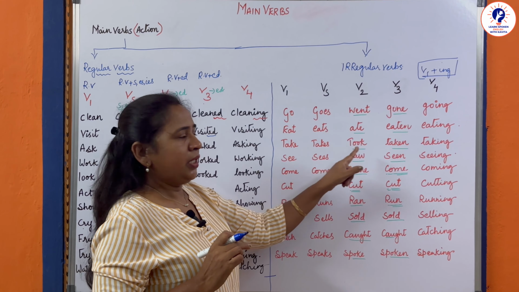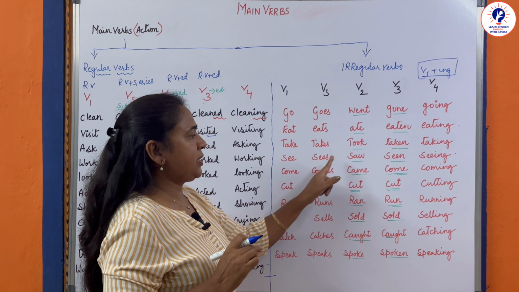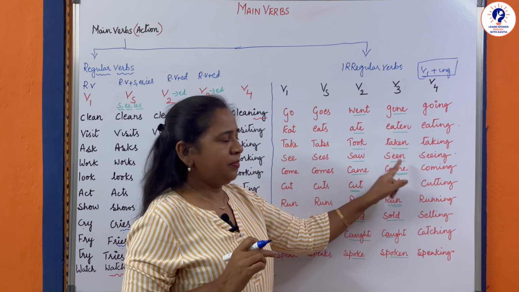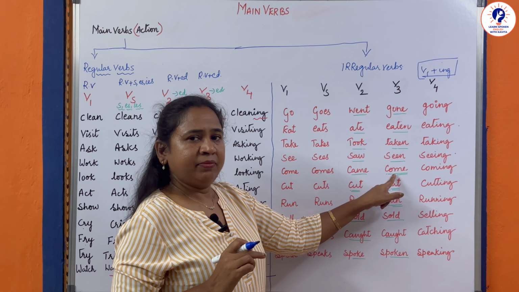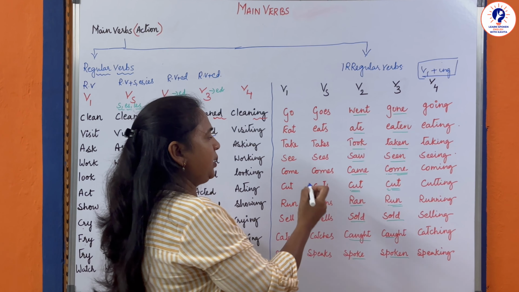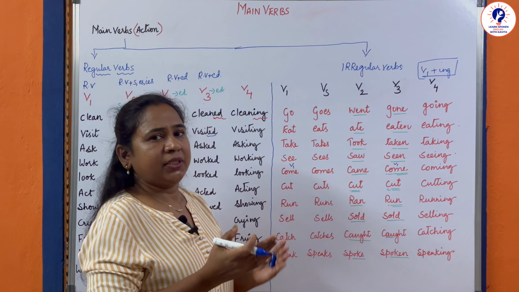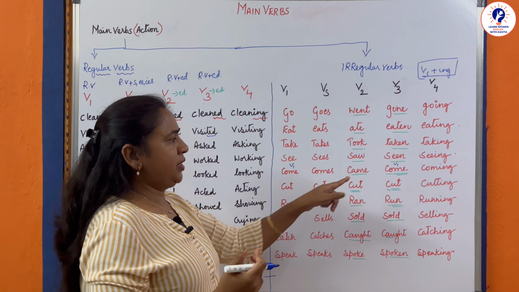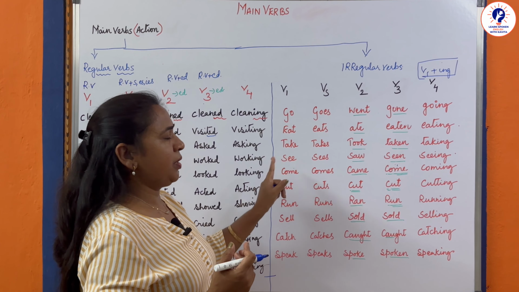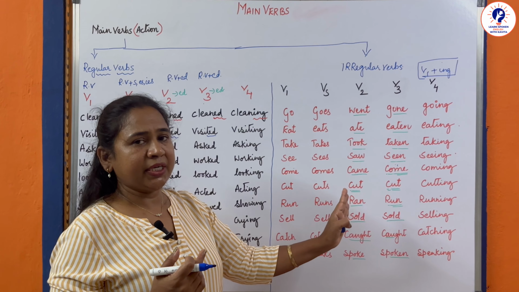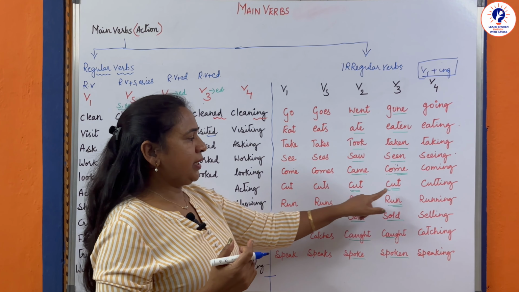Take, takes. Took, taken. Taking. See, sees. Saw, seen. Come, comes, came, come. Have you noticed here? V3 is appearing like V1 only. Come, come only it is. Got it? Both V1 and V3 are the same. Similarly, cut, cuts, cut, cut.